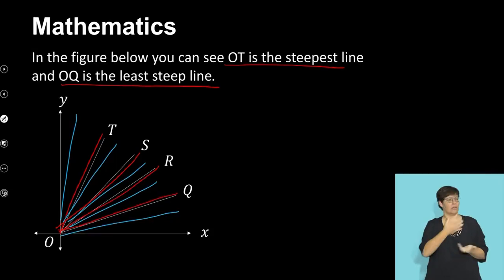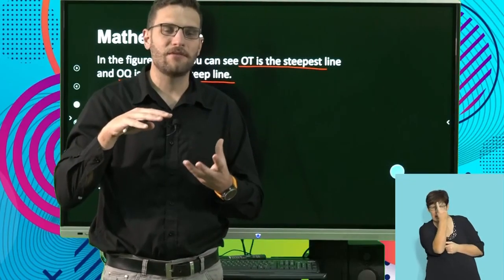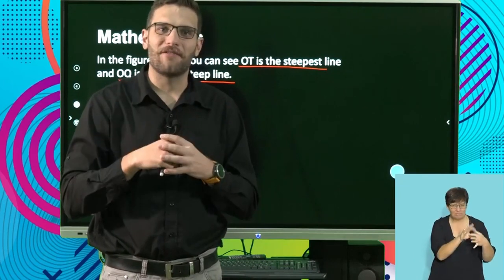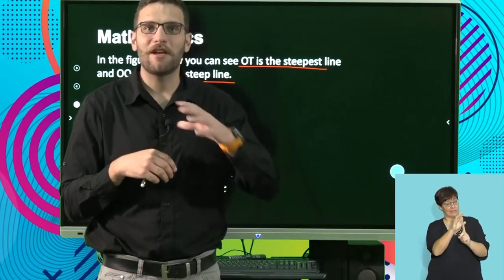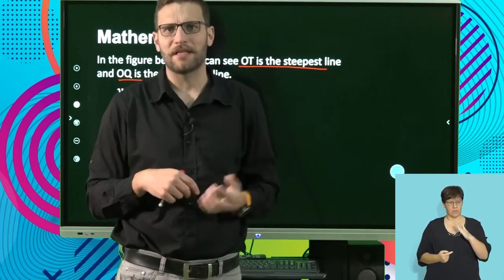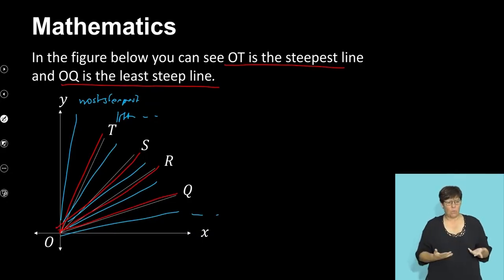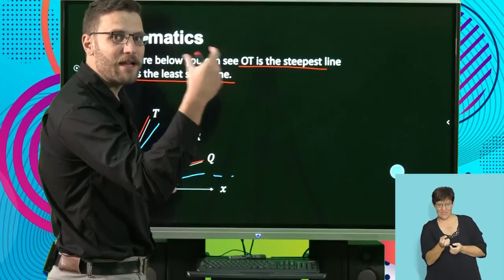This is the steepest, and this is a little bit less steep, and this is the least steep. To describe each of these 9 lines with English words is going to be difficult and it's not going to be exact, and I'm not going to be able to apply it to the next image where I've got a line that is steeper than the steepest line. So instead of assigning words to the steepness of a line, we're going to be assigning values. We're going to give a number to how steep a line is.